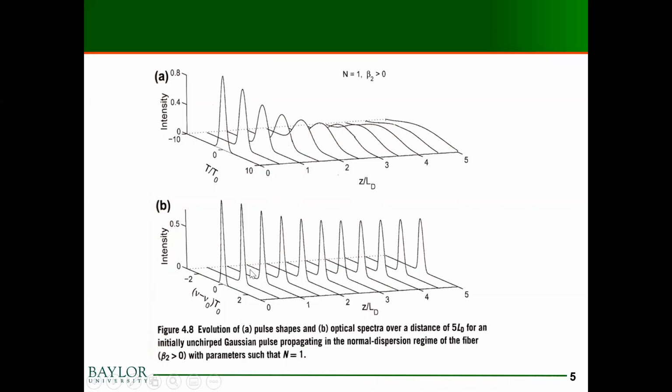So in this case, it's for 5 LD, and N is 1, so dispersion and nonlinearity play almost equally important roles, right? But still altogether it broadens the pulse.